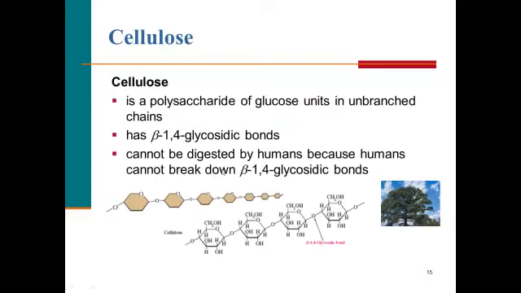Cellulose is the polysaccharide of glucose that is a very important structural molecule in plants. Now the major difference is that this is going to be the beta version of glucose. So the joining of the molecules is the beta 1 to 4 glycosidic bond.